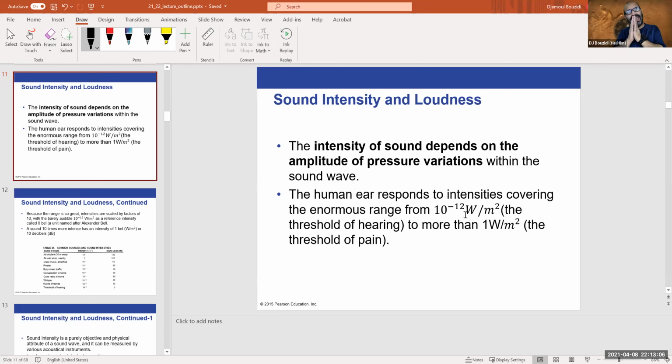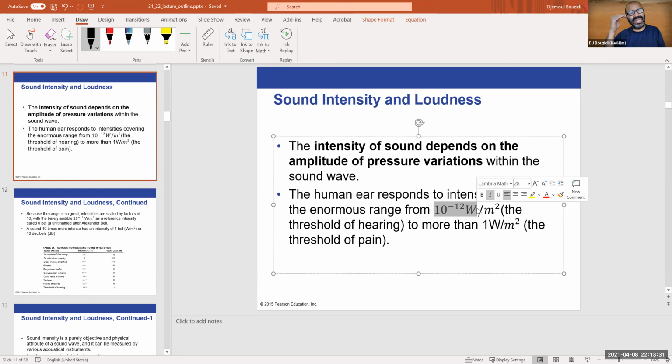When you express the intensity of sound by the power, the power is proportional to the square of the change in pressure. So this is our threshold of hearing, the pressure with which you're going to hear. You need this much. If a sound has less intensity than this, our ears, normal ears at least, would not be able to pick it up. So this is the whisper or the threshold of hearing.